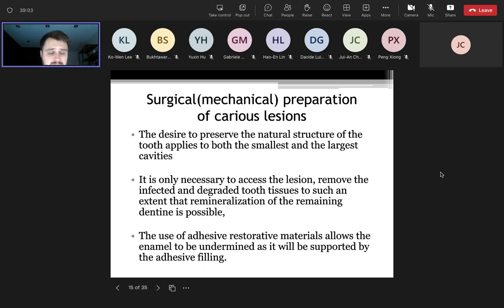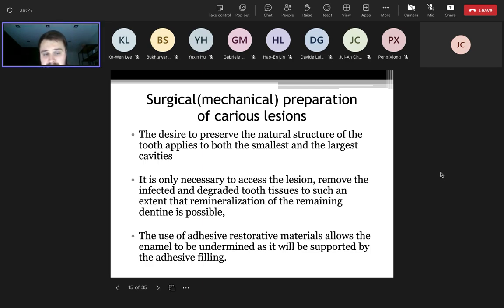We have a lot of forces going through the tooth, so we have to think about the mechanical side. The more hard tissue that stays in the cavity, the stronger the tooth and the better its future.